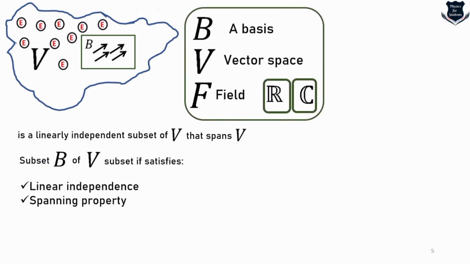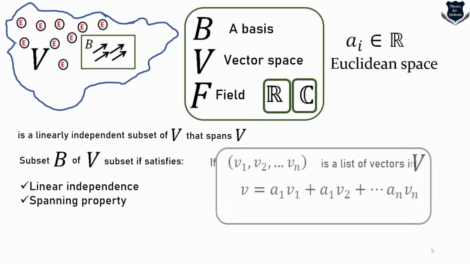Now, these are the three things I want to say: B, which we assume to be a basis, V a vector space, and F a field, which can be the real numbers, the complex numbers, or anything. This could also be a Euclidean space.